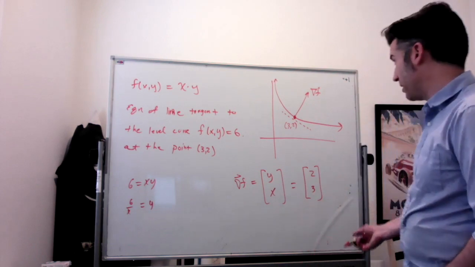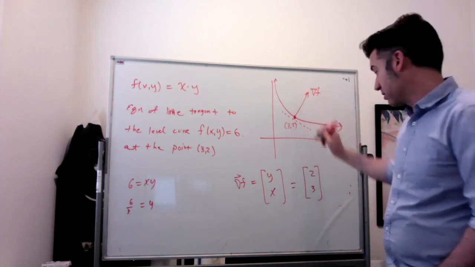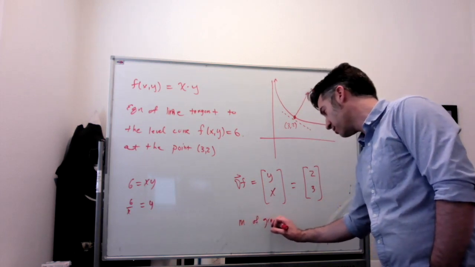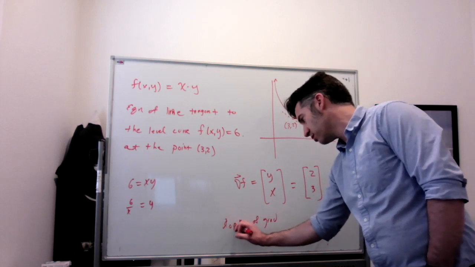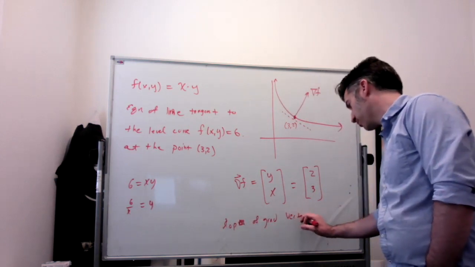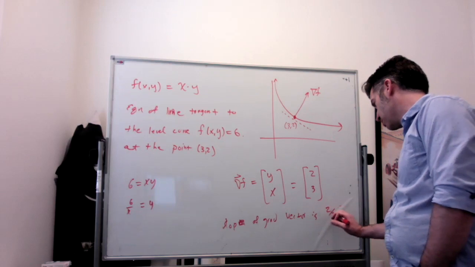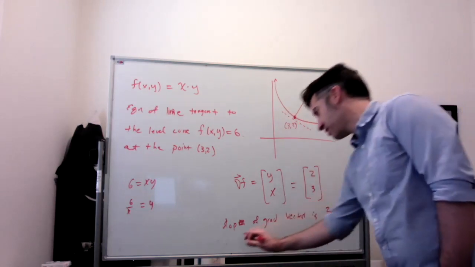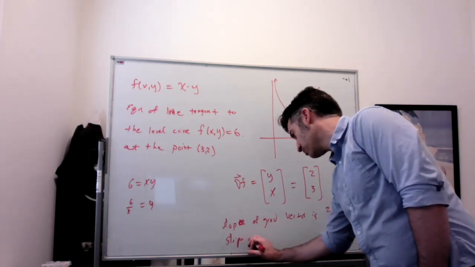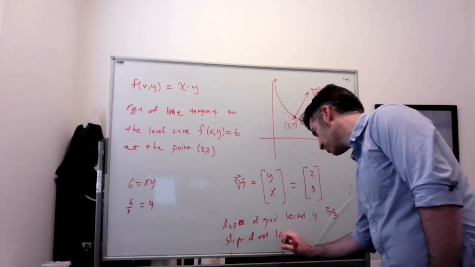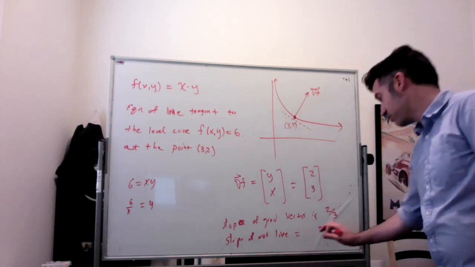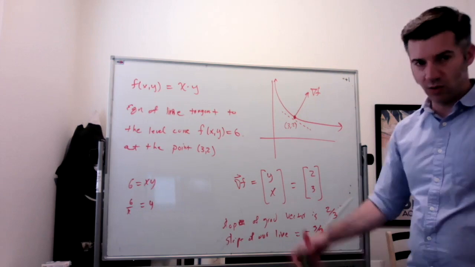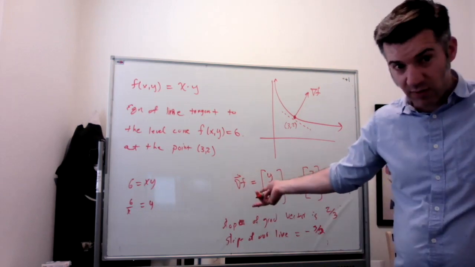And the slope of that is over 2 and up 3. So the slope of the gradient vector is 2/3. And if you're perpendicular to that, the slope of our line is the negative reciprocal, -3/2. Which, yes, we totally could have found if we had taken the derivative. We just didn't have to.